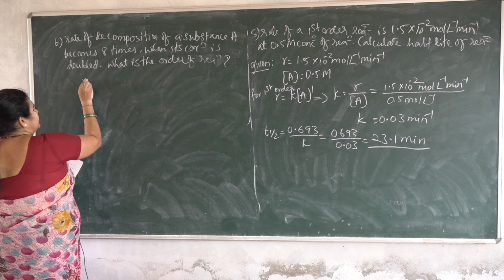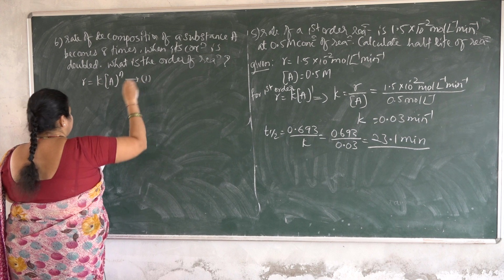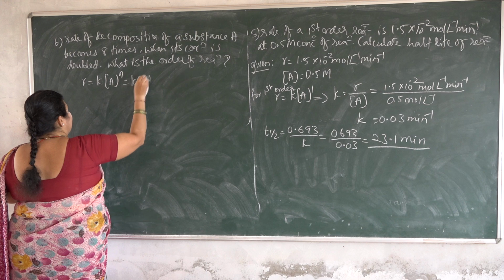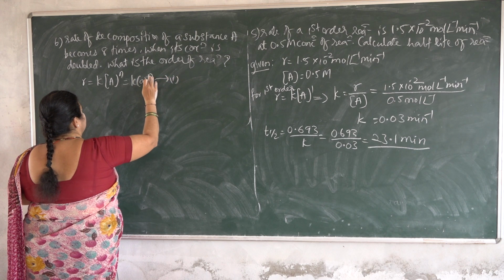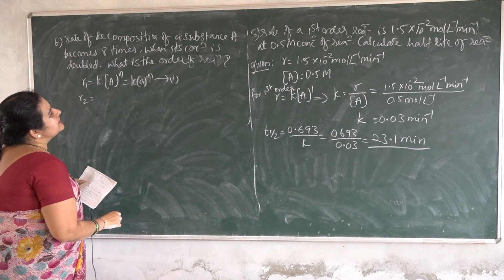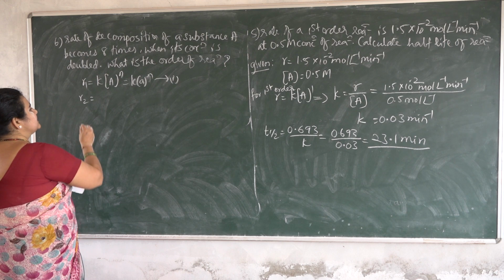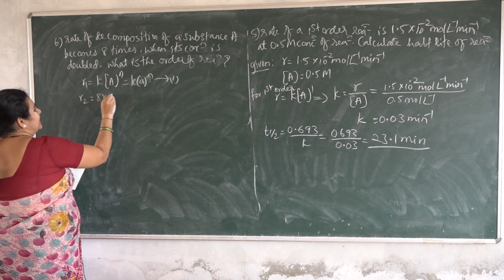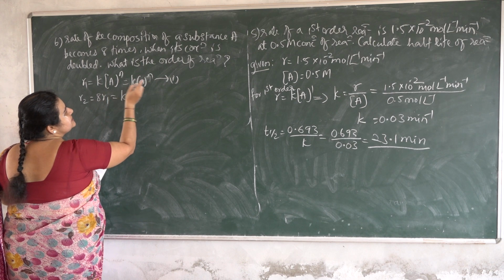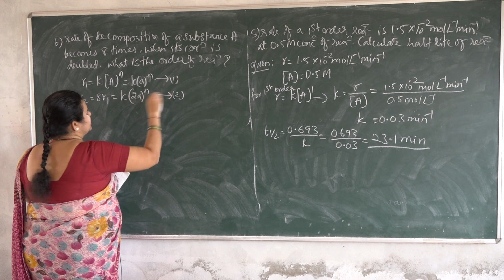So here R is equal to K into A raised to N, equation 1. R2 is equal to, this is R1, the rate of decomposition of the substance becomes 8 times. 8 times means the rate is 8R1, which is equal to K into 2A raised to N when the concentration is doubled. This is equation 2.